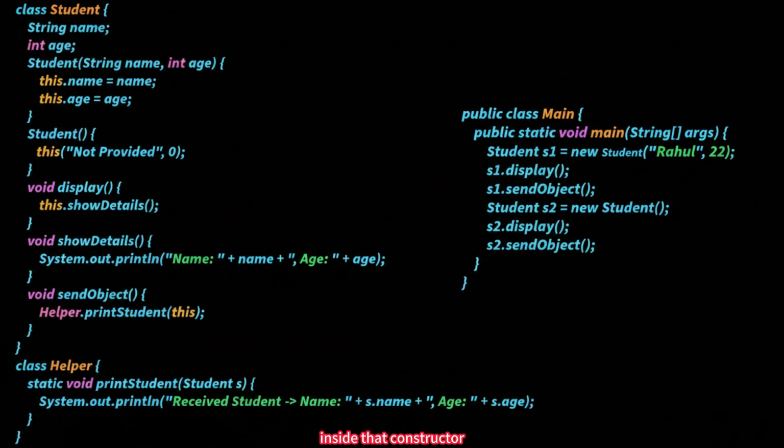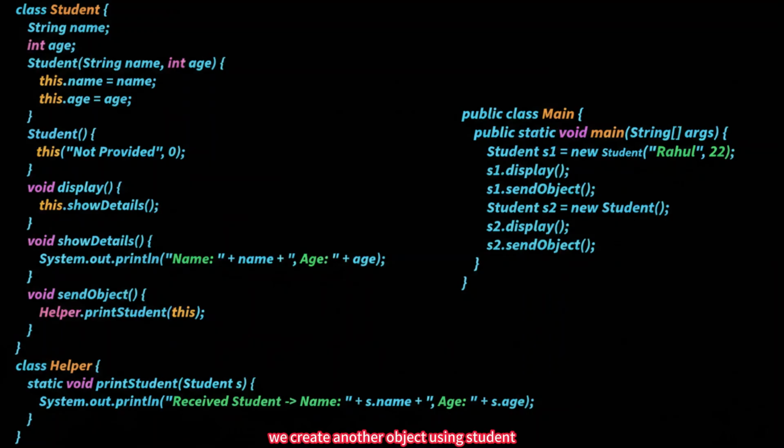Inside that constructor, this.name gets Rahul, and this.age gets 22. Then we call s1.display. This internally calls showDetails and prints the student's information. Then we call s1.sendObject. This passes the current object to the Helper class and prints the details again.